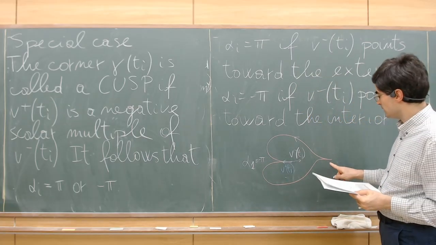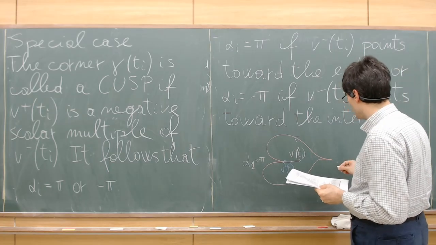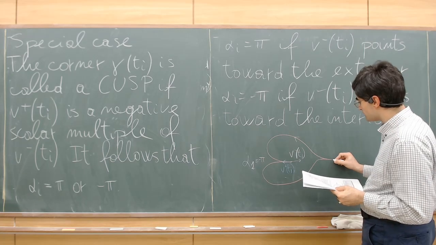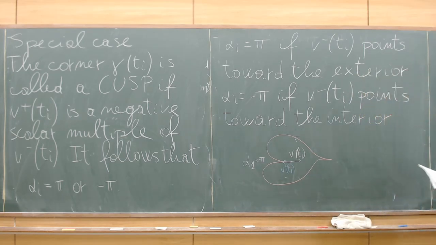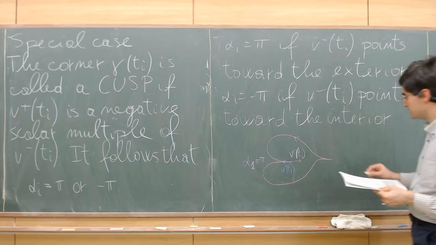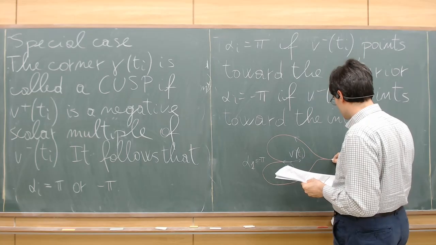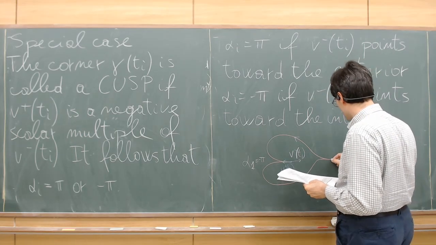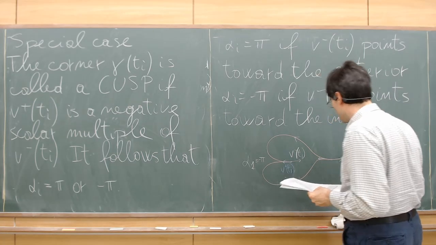Instead, at this cusp here, we have one vector pointing this way and one vector pointing this way.